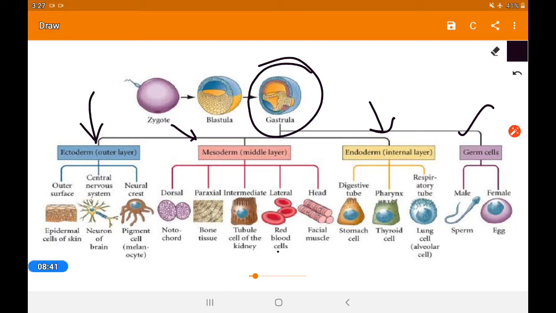This is the origin of that. Suppose the skin, the neuron, the pigment, notochord, bone, all these things you can see over here. So it is from ectoderm, mesoderm, and endoderm. There are several others, but here some selected ones are given.